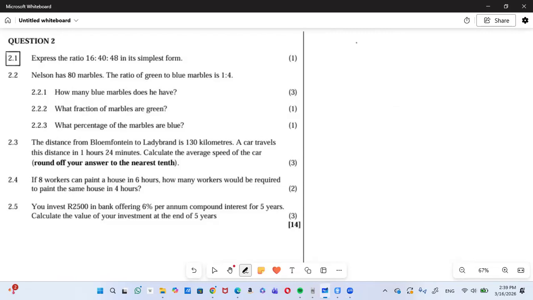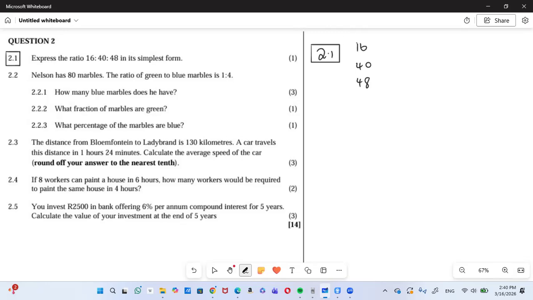Whenever they say we should do something in the simplest form, it means they want us to divide. So we need to find our highest common factor between 16, 40, and 48.